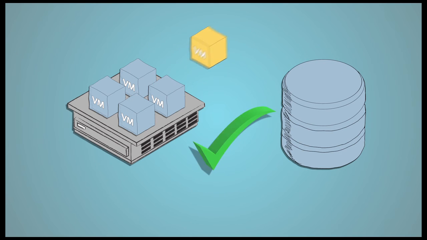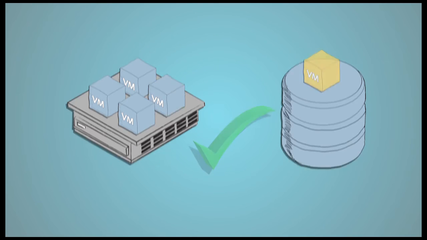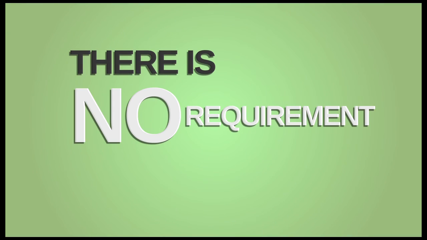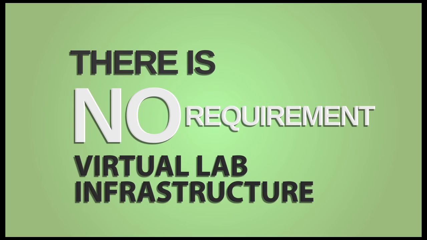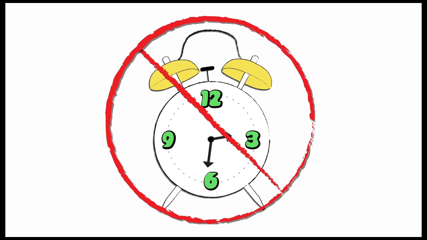Unlike other products, this is a standard feature of PhD Virtual Backup, and there is no requirement for additional software, hardware, or virtual lab infrastructure to enable it. You just get better, more reliable recovery built right in without the additional time and unnecessary cost and complexity inherent in other products. So, what can PhD Virtual do for you?